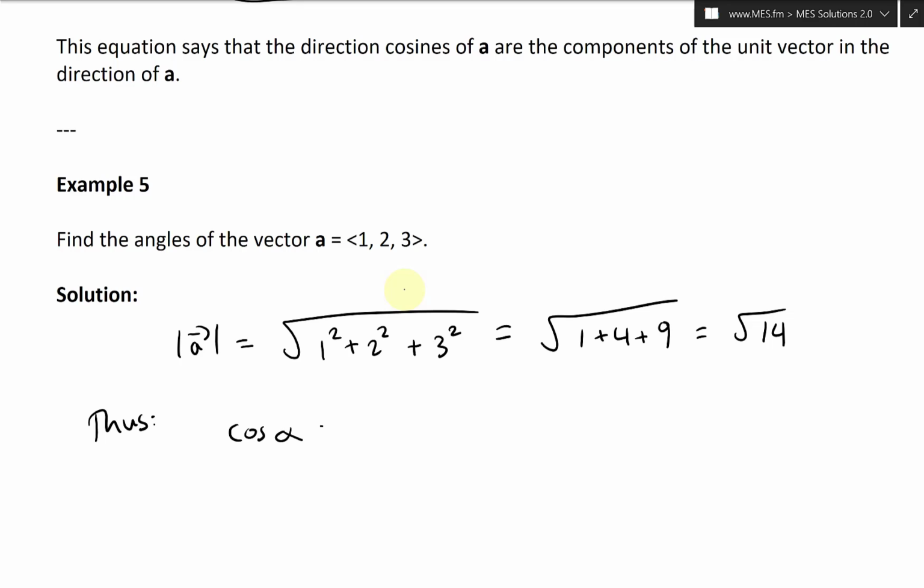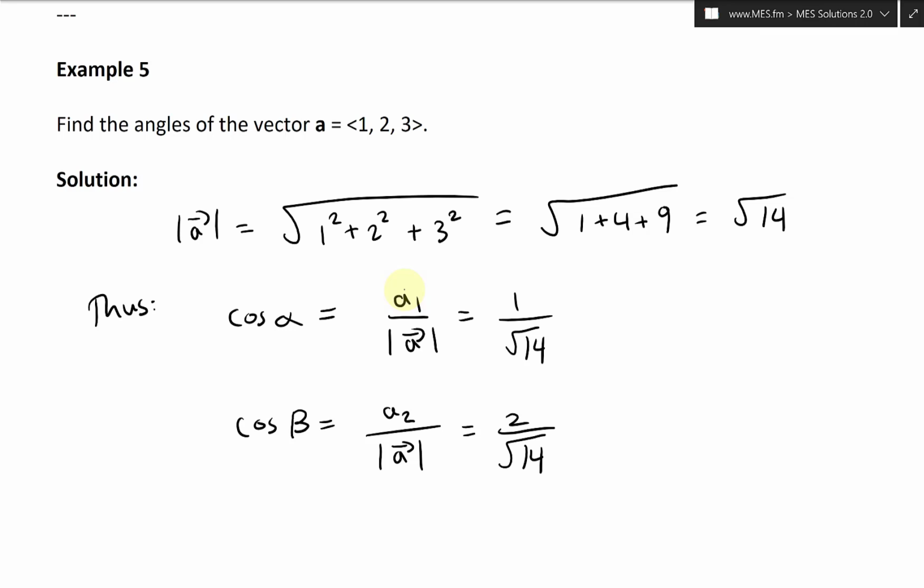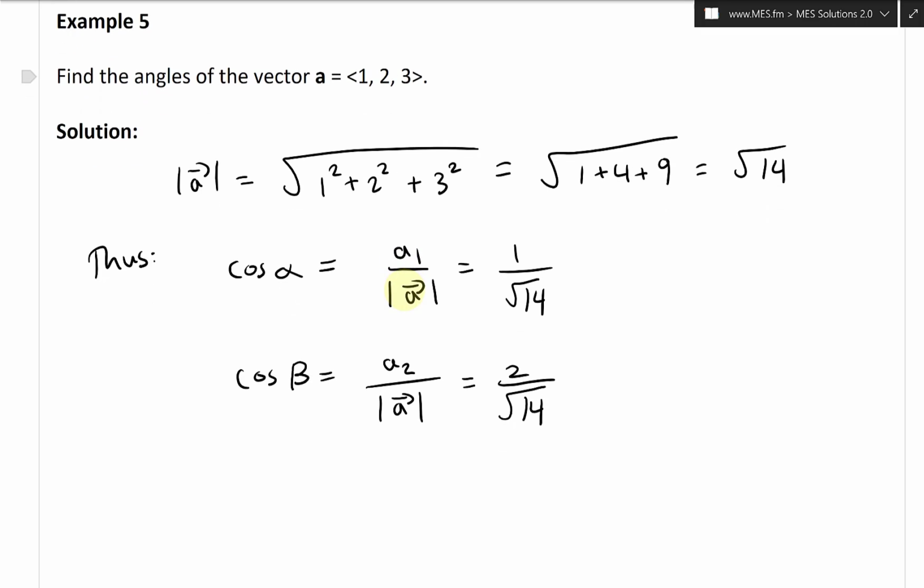Cosine alpha, that's just the Greek letter alpha, is equal to A1 over the length A. This equals 1 over square root 14. Cosine beta equals A2 over the length A. This equals 2 over square root 14, because that's component 2, and then the next one is going to be 3.